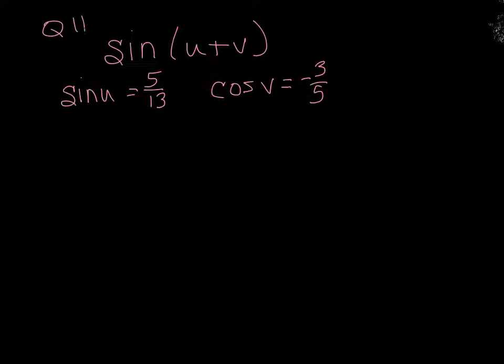We'll just say quadrant 2 for both of them. Okay, so if the sine of u is 5/13, the cosine of u is negative 12/13.